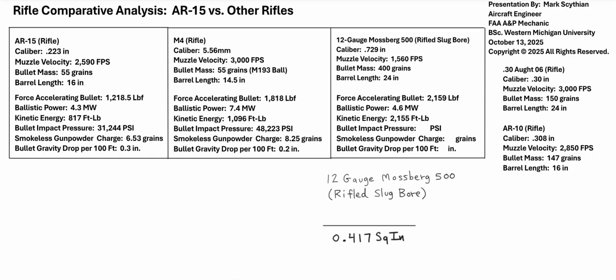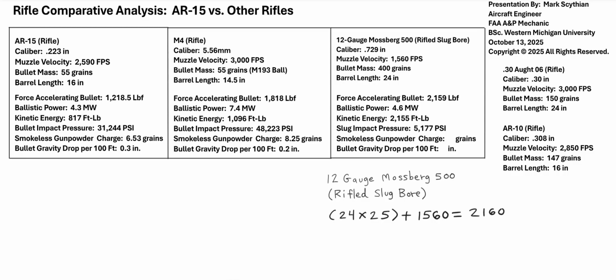The bullet impact pressure is evaluated at 5177 psi. And then the actual smokeless gunpowder charge, that's over a 24-inch barrel, losing 25 feet per second per inch.